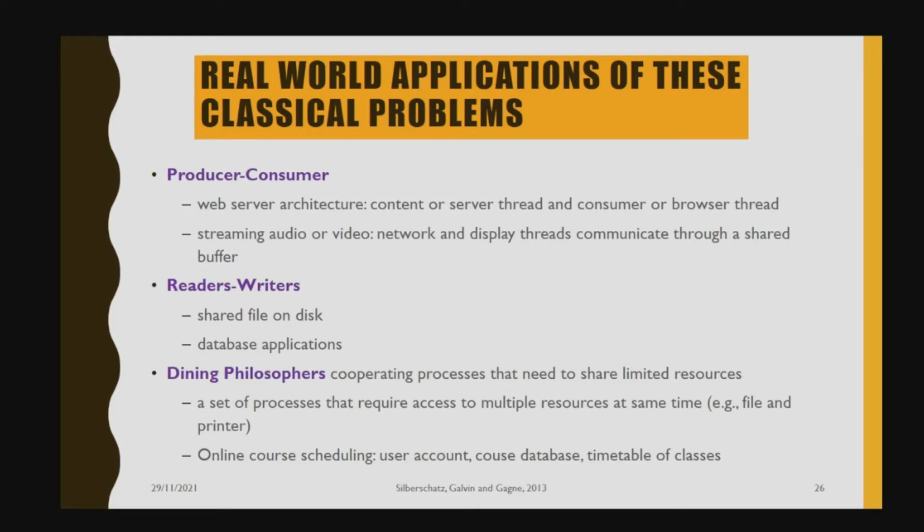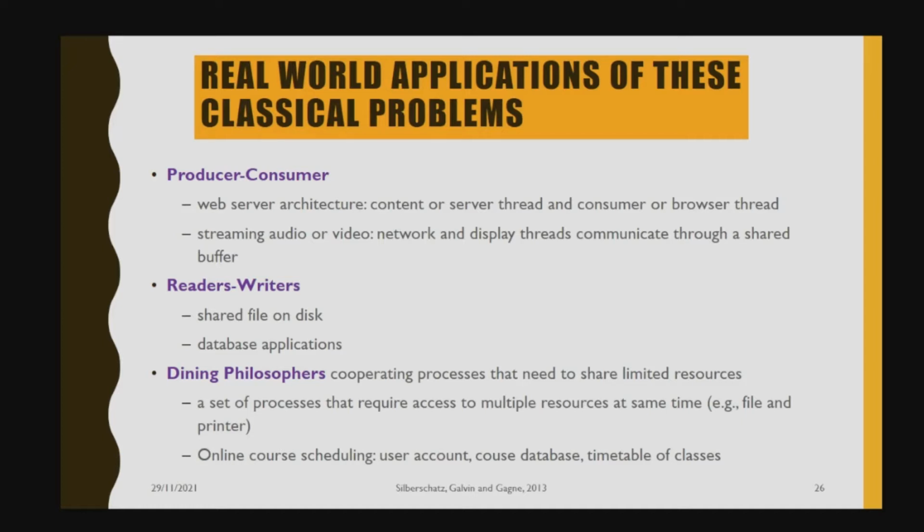This is the real world application of these classical synchronization problems. For producer and consumer, you can look at the web server architecture. In the web server, there is a server thread producing content, and a consumer or browser thread.